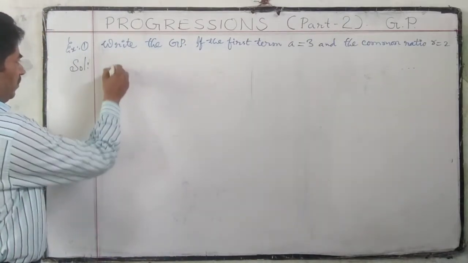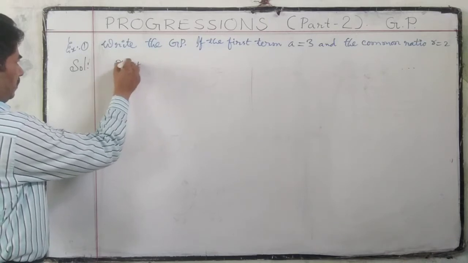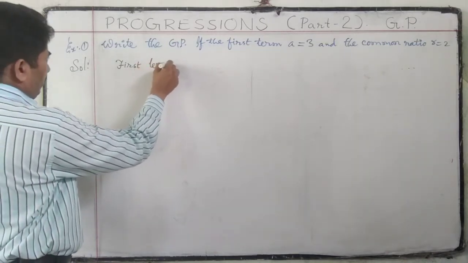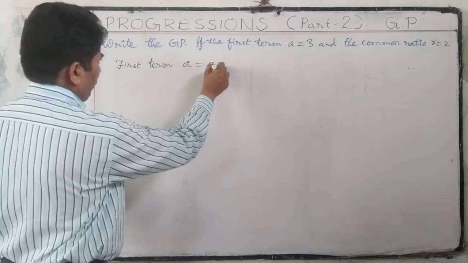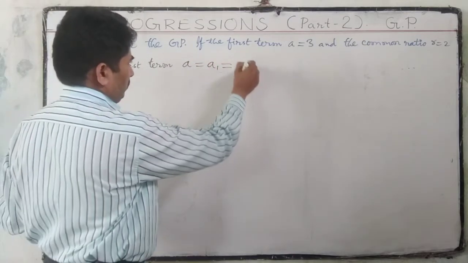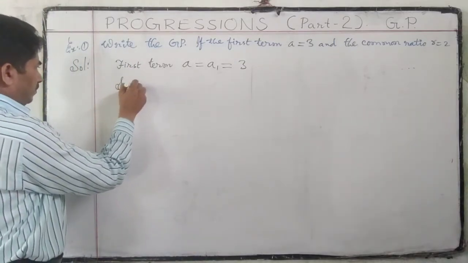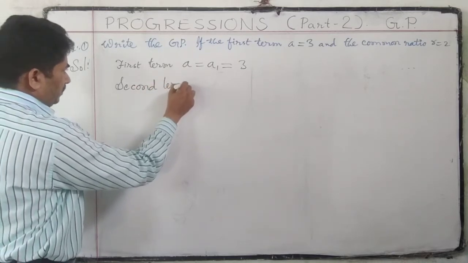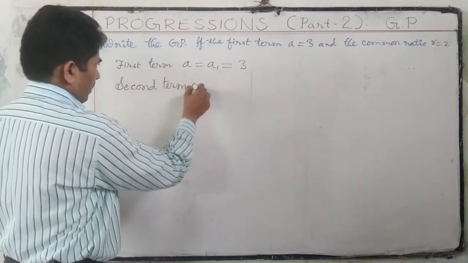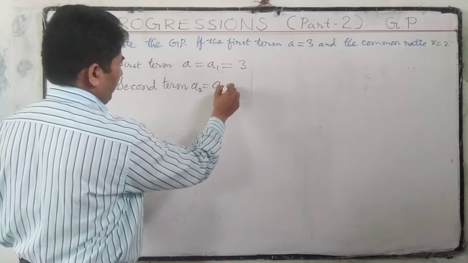Solution: first term a is equal to a1 is equal to 3. Second term a2 is equal to, we know the formula, a1 into r.